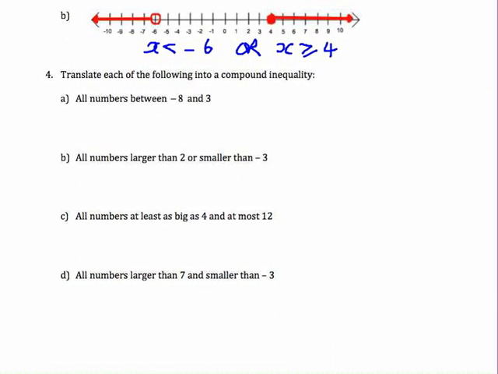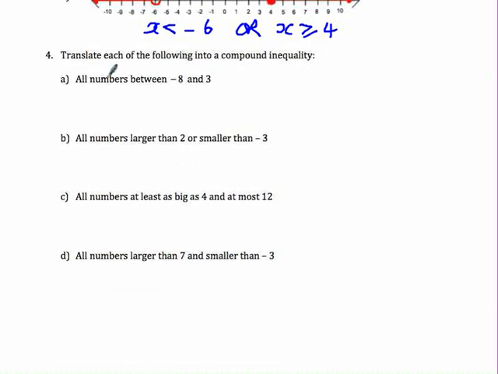Okay, and then in the final question of the exercises, we are asked to translate each of the following into a compound inequality, and so effectively we're going to translate the given words into a math expression. So we want all numbers between minus 8 and 3.